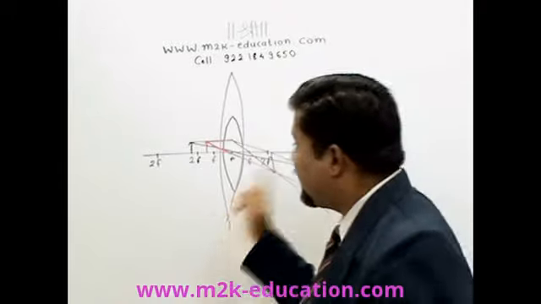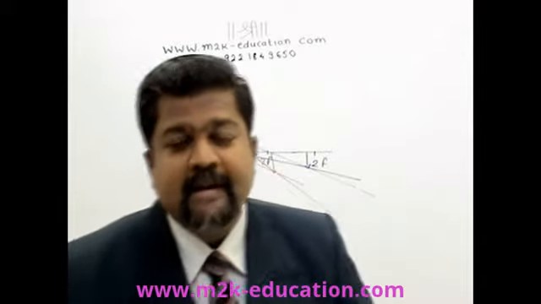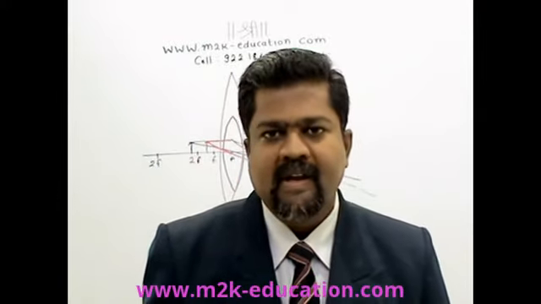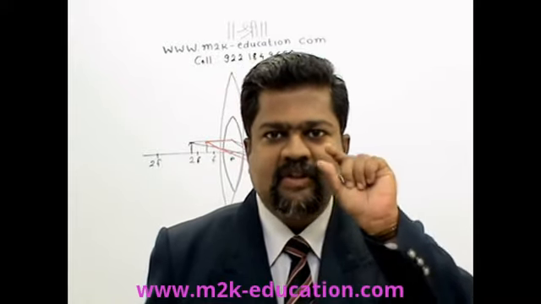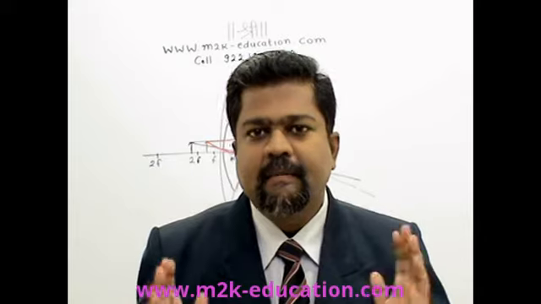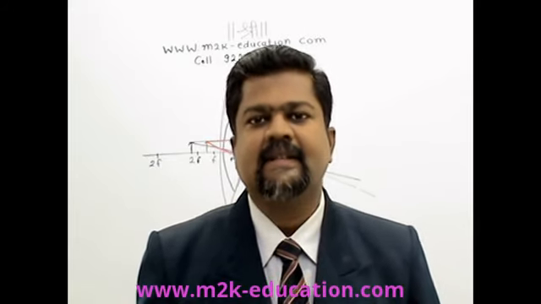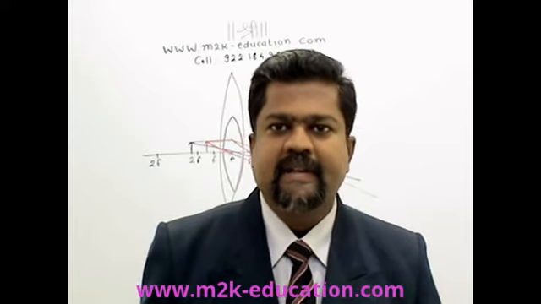So the objective has more diameter as well as more focal length or less power, whereas the eyepiece must be smaller and must have high power, that means less focal length. Rest of the things are the same.